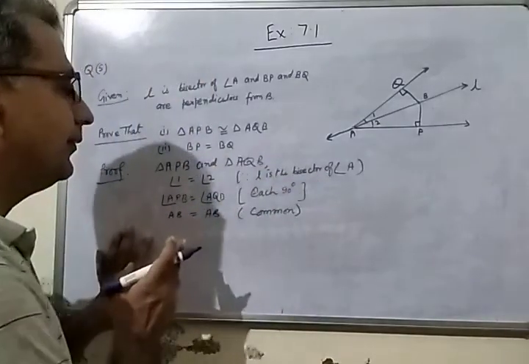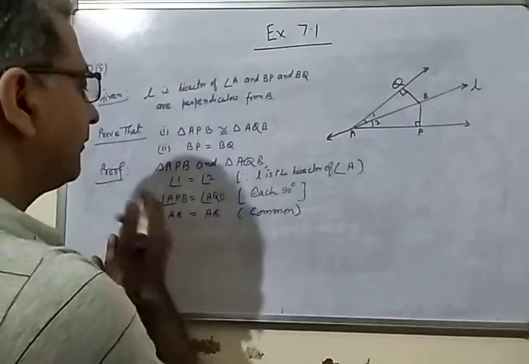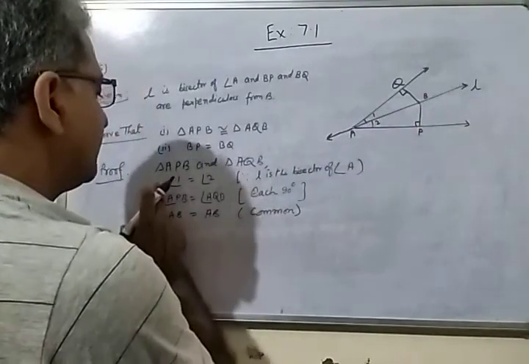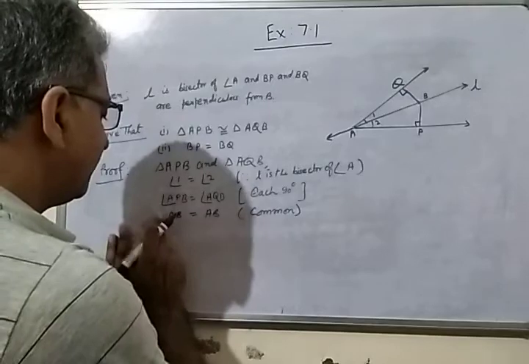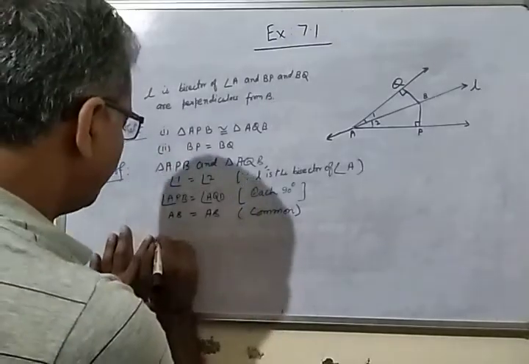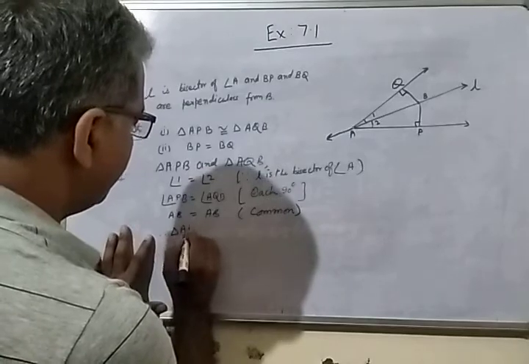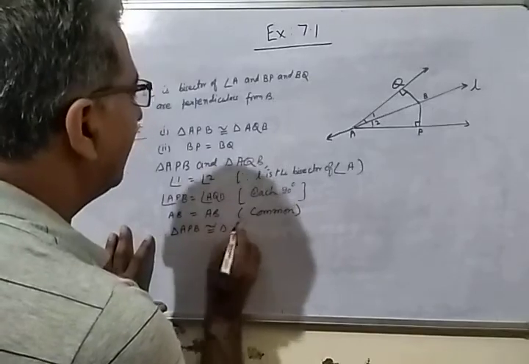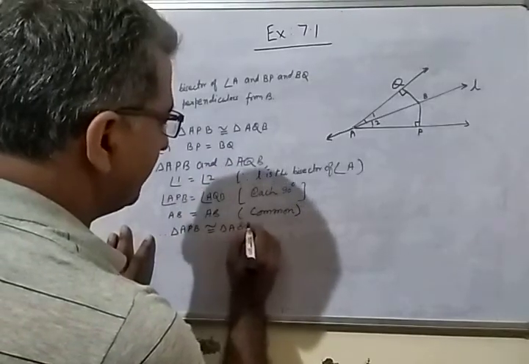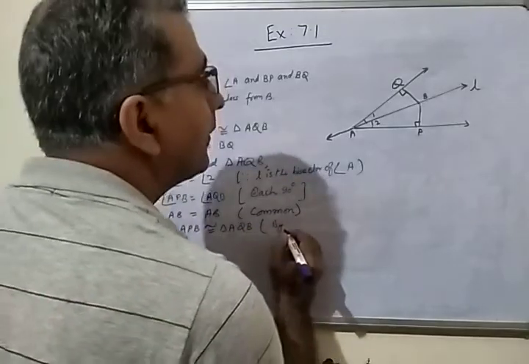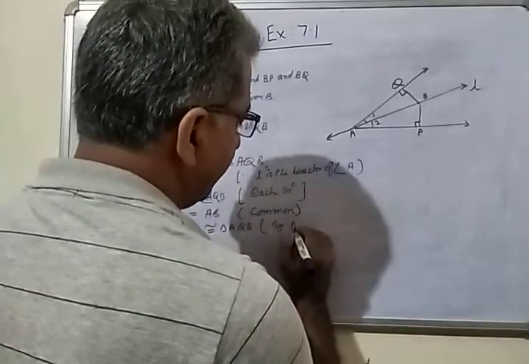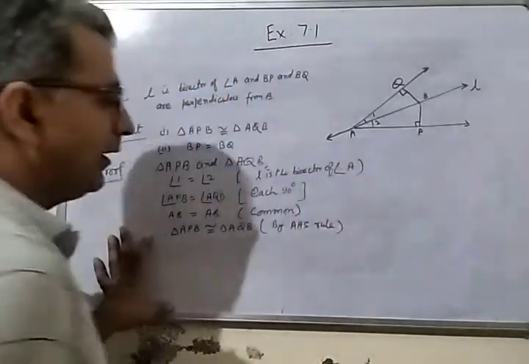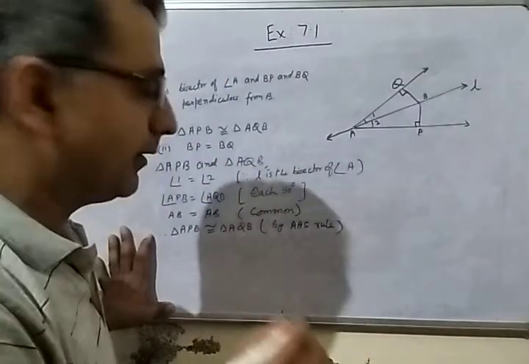So we apply three parts: first an angle, second an angle, and third a side. So we can prove triangle APB is congruent to triangle AQB by the AAS congruency criteria.